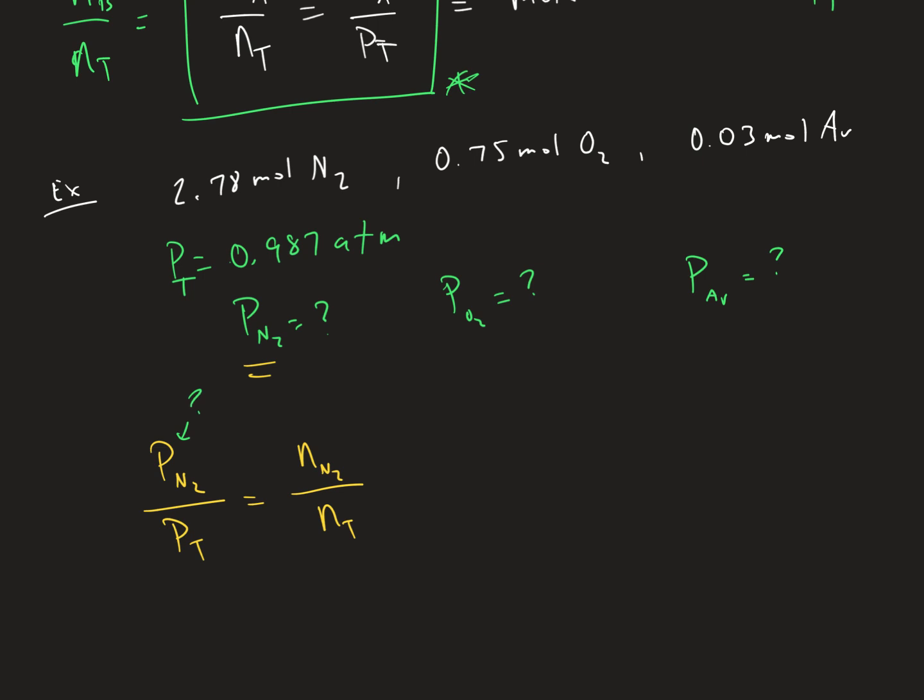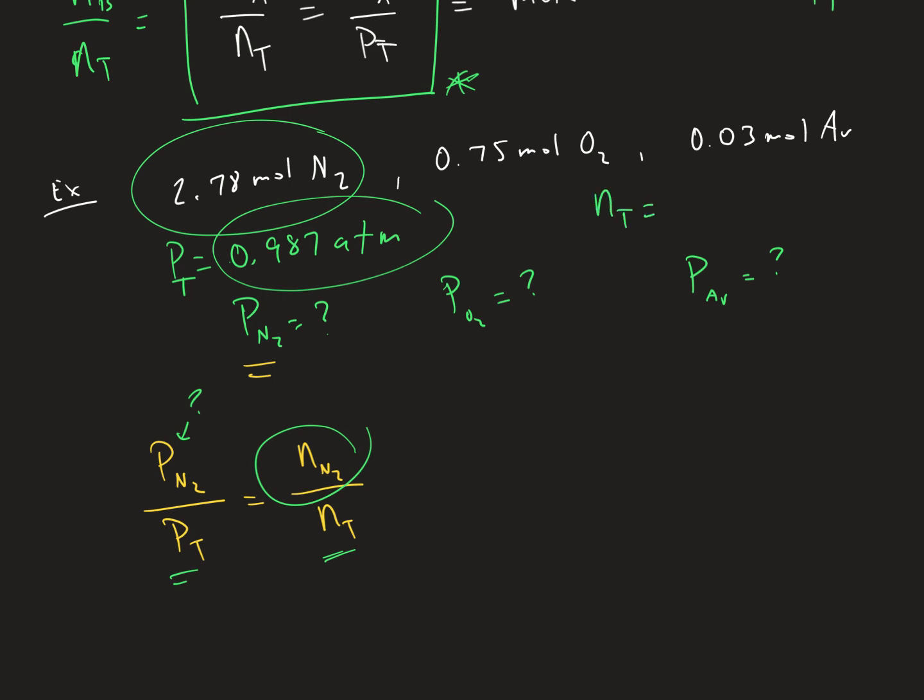That's our question. We know this. It's right here. Do we know that? It's right here. Do we know this? We can find it pretty easily, right? What's the total number of moles? You add those together, right? And what is it? 3.56 moles. Does that make sense to everybody?